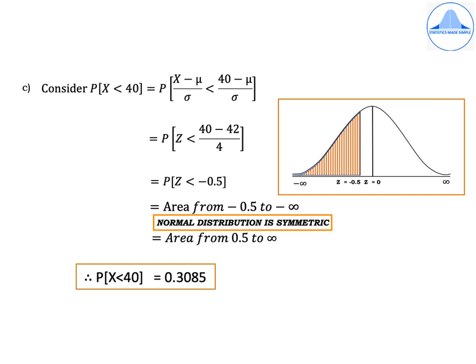And whatever area you have shaded now in orange color, you write it in words as area from minus 0.5 to minus infinity. Now this area we cannot find out directly from the table. So because the normal distribution is symmetric, it will be the same as the area from 0.5 to infinity. And when you search for 0.5 in the tables, you will get the probability as 0.3085. Or in other words, probability of x less than 40 is 0.3085.